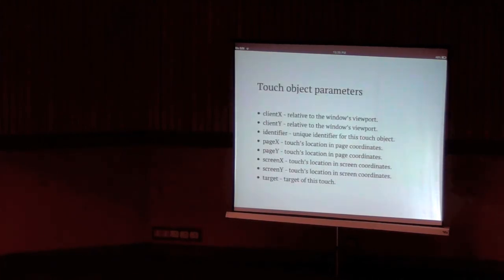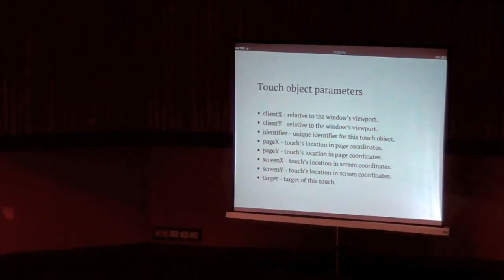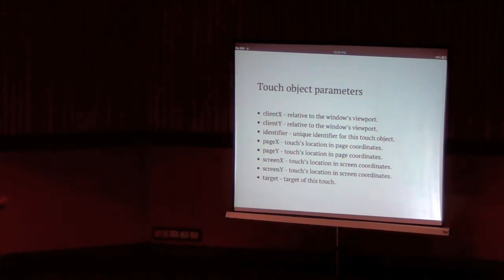The Touch object is passed with these parameters, which give the position where the finger is touching the device relative to different things. clientX, clientY is relative to the window viewport. pageX, pageY is in page coordinates. screenX, screenY is for the whole screen, independent of the browser and everything. Then you also get the target, which is the target element in the DOM.